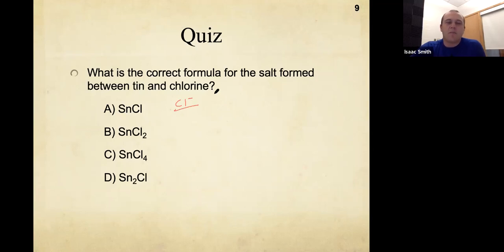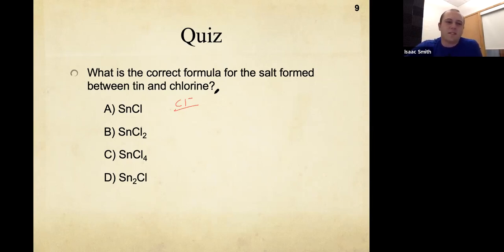Pretty much all the metals in that middle D block, or transition metal block, on the periodic table can form a variety of ions. The ones in the first column only form +1 charged ions, and the elements in the second column only form +2 charged ions.